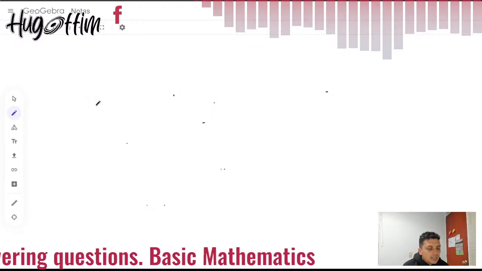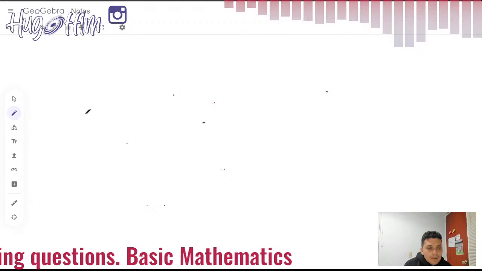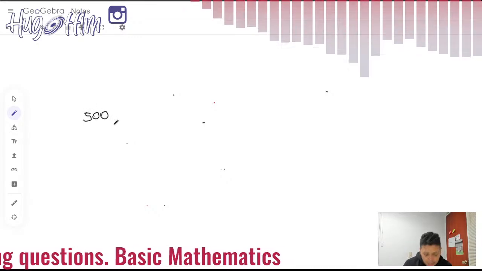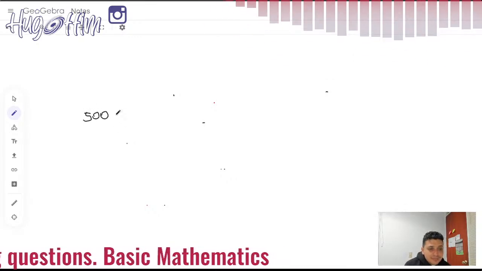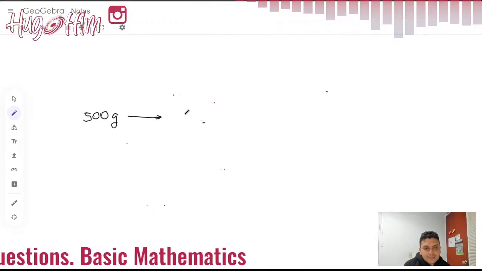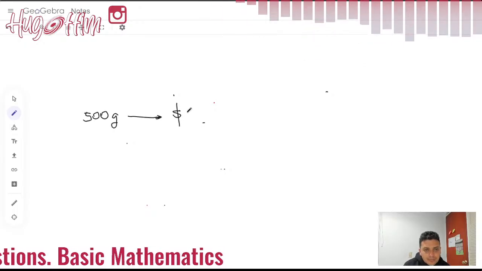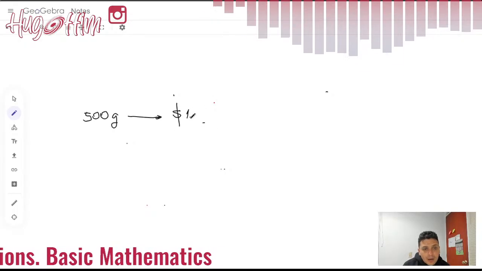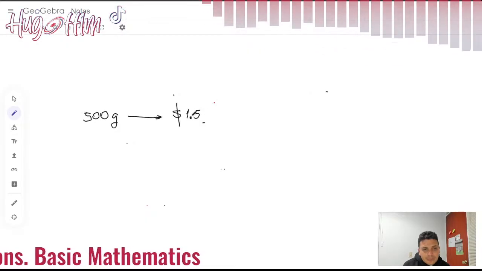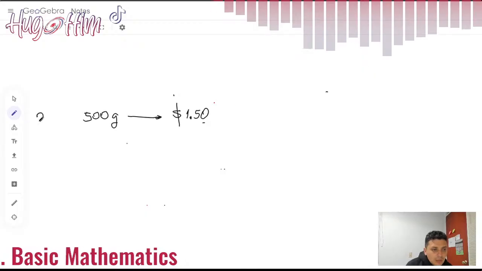Let's say that 500 grams of rice cost $1.50. Okay, and this is option A.